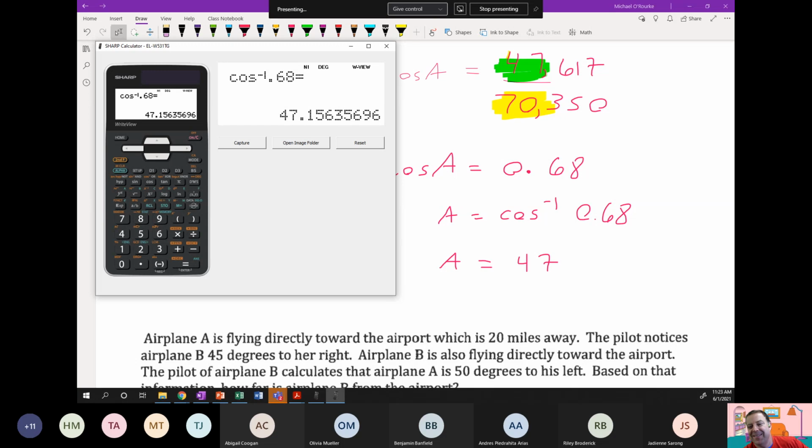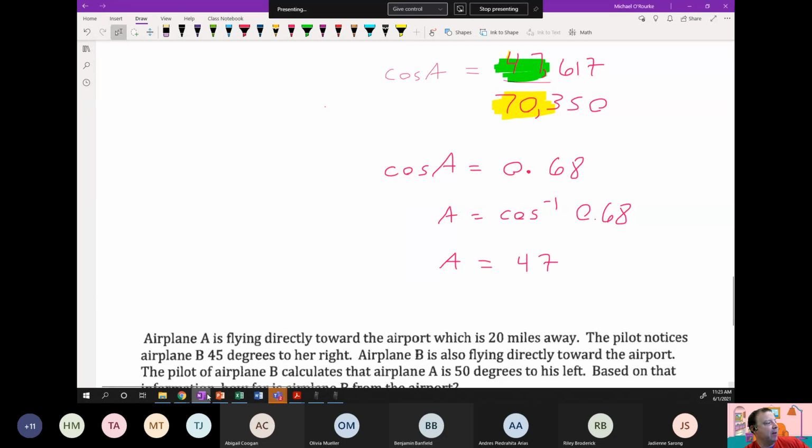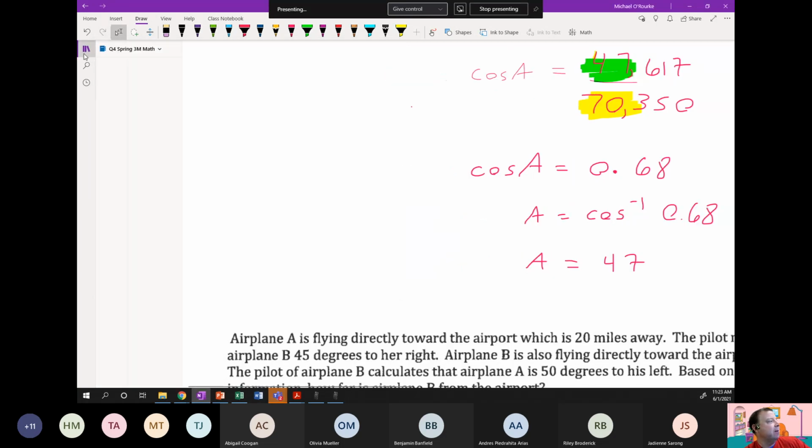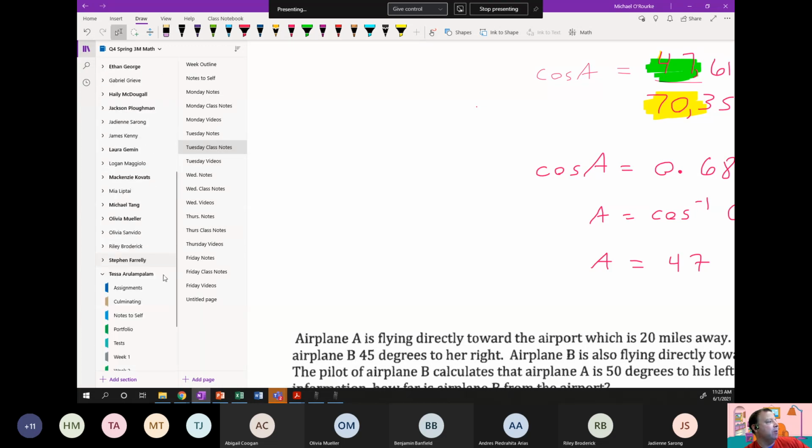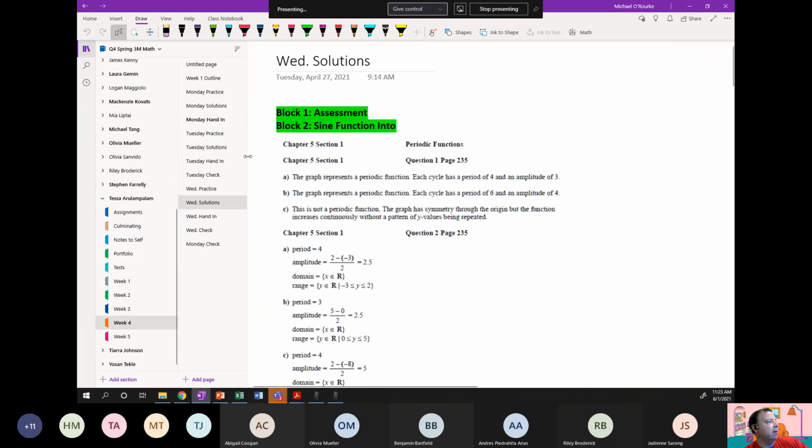Okay, you need to change it to DEG. So if there's a mode, or send me a picture. Put a picture of your calculator, Tessa, in your homework file for today, in your Tuesday hand-in.